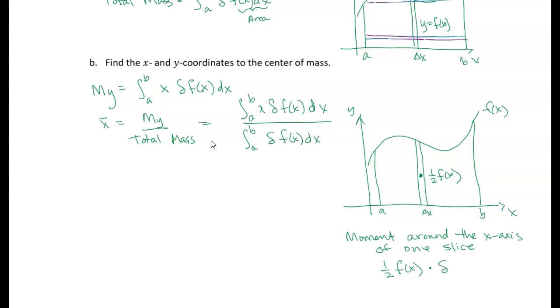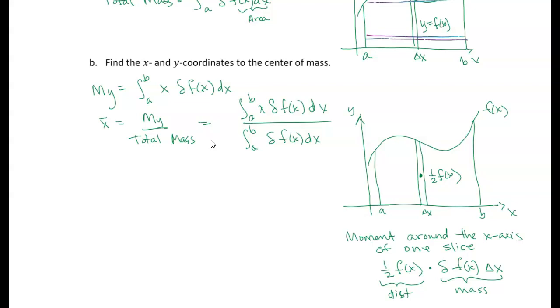So that's going to be delta f of x delta x. This is our mass, and this is our distance, because effectively the center of mass of that slice is the distance for that whole slice.